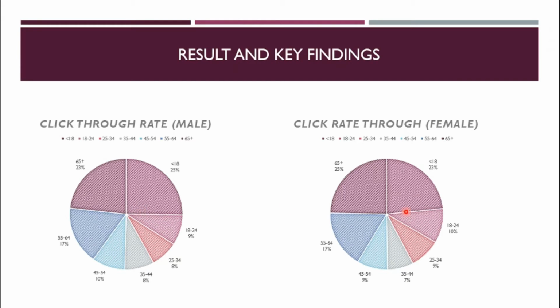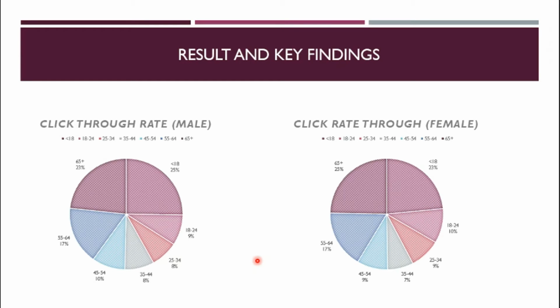Now, if you look at the female, over here, it's quite the opposite. See, the 65 plus takes the lead, whereas below 18 comes in second place with 23%. So in both sections, you can see that below 18 and 65 plus take the lead in terms of CTR rate, click-through rate.